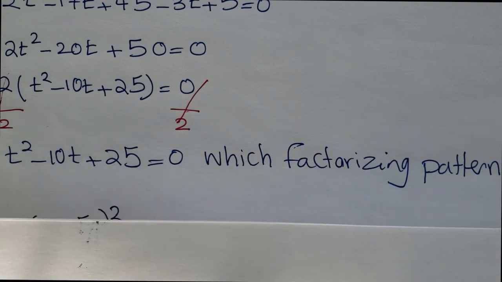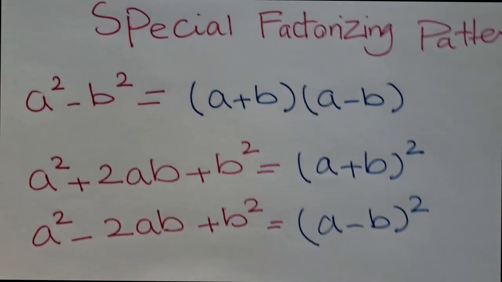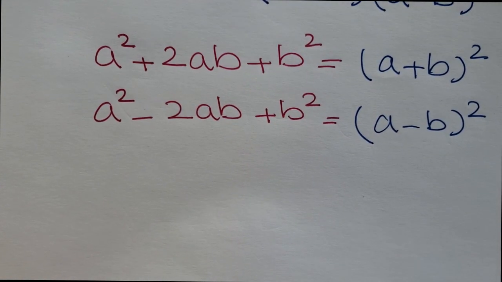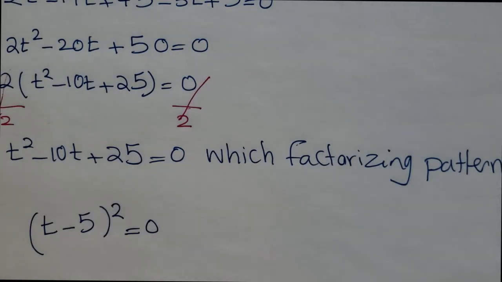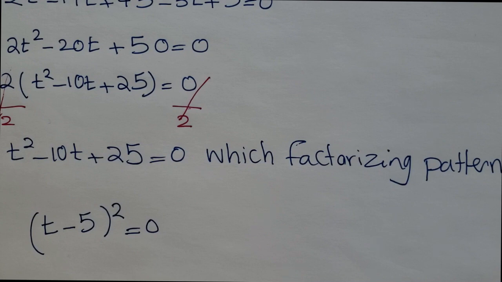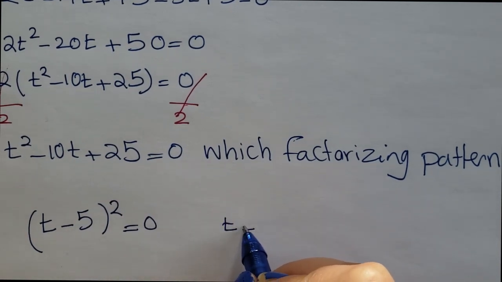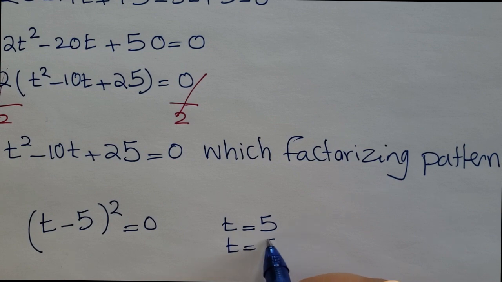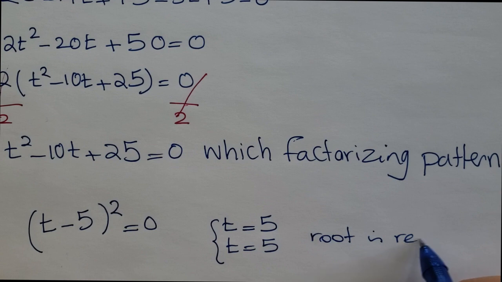If you remember, we had 3 very famous patterns, and the third one is very similar to this specific question. So I use that pattern and make it into 2 parentheses. From here, I find the answer, t equals 5 and t equals 5. That means this root is repeated twice, or there are 2 identical roots.